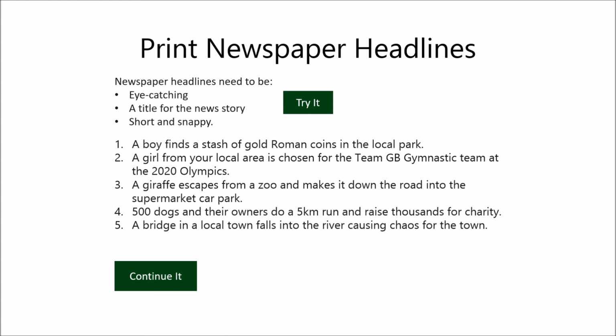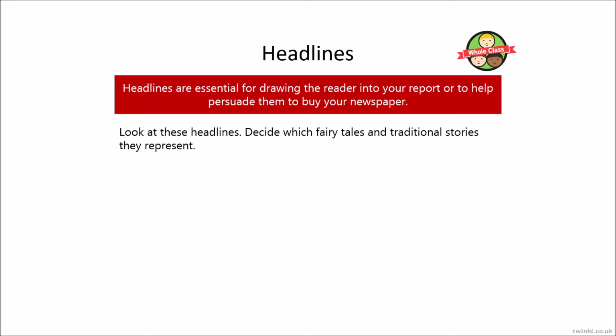Newspaper headlines need to be eye-catching, a title for the news story, but also short and snappy. So have a go at changing each of these into a better headline. Okay, one that is eye-catching, that is short and snappy, but still fits with the title for the news story.